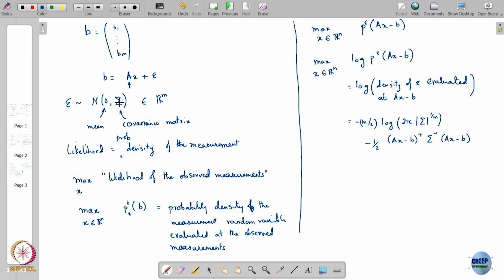So, what we are effectively doing is maximizing this function over x in R^n.